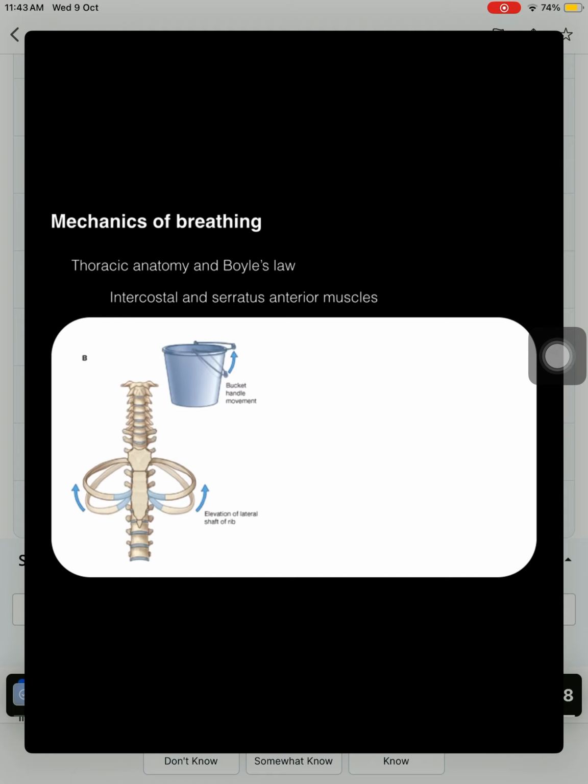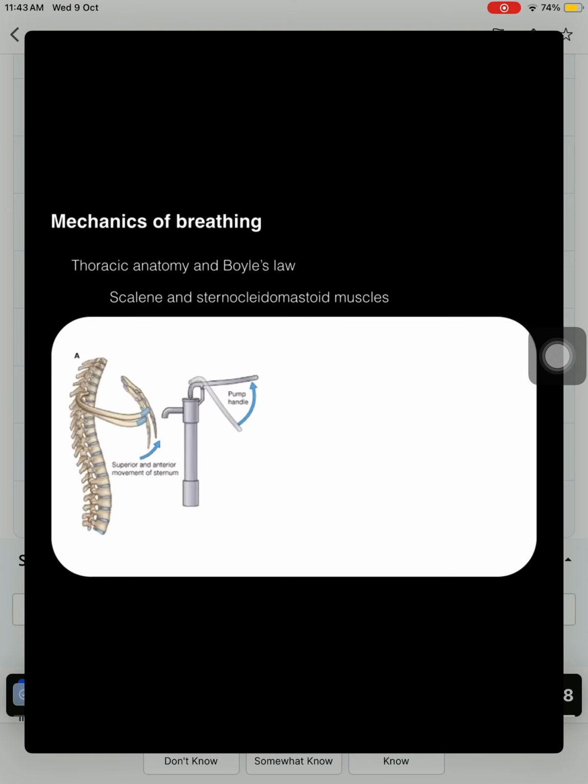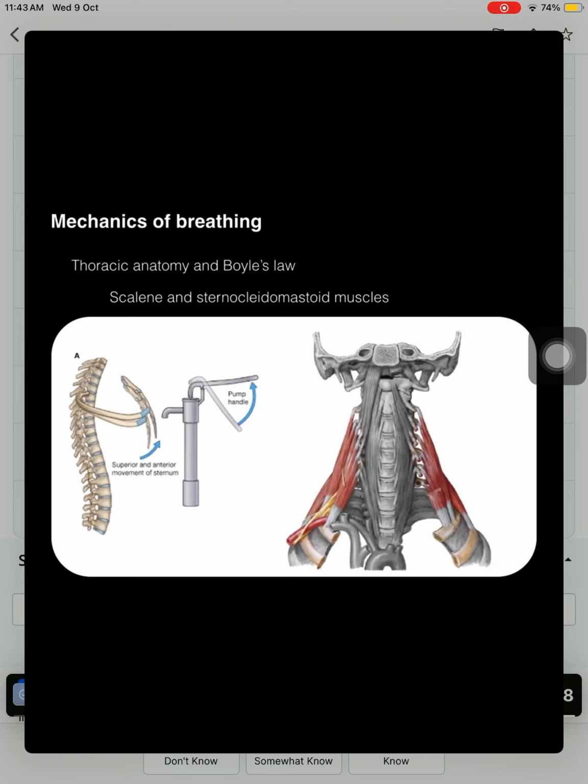It's the same way as elevating the lateral shaft of the ribs. So our intercostal muscles and serratus anterior do that. What the scalene and sternocleidomastoid muscles do is like a pump handle that we show here on the right, which is the way of moving the sternum superiorly and anteriorly. So you increase the volume of the lungs in a superior but also an anterior fashion, like scalenes and your sternocleidomastoid.